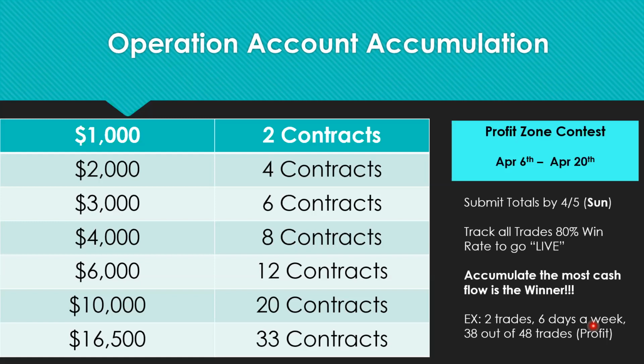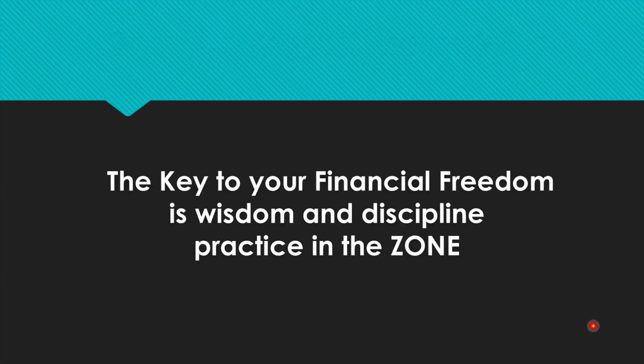Okay, again, the key to financial freedom is wisdom and discipline. And the wisdom and discipline is following a trade plan that I'm telling you. And then the practice is going to give you the discipline so that when it's time to get real money, you guys are going to be ringing the cash register. Y'all can have $1,000 days. When you master it, you can have $1,000 days.